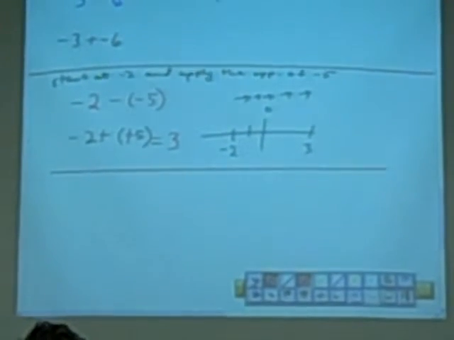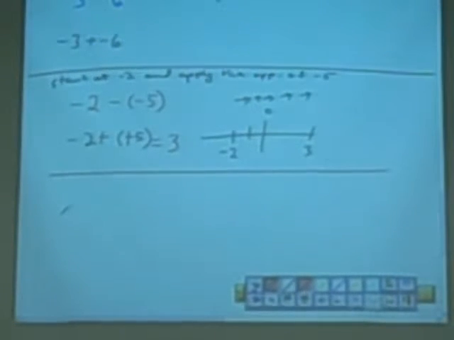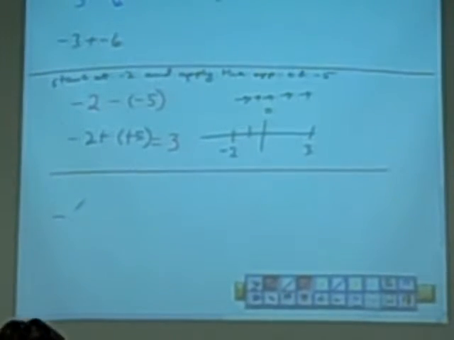So let's say you have -12 minus a negative 4. Keep this red.